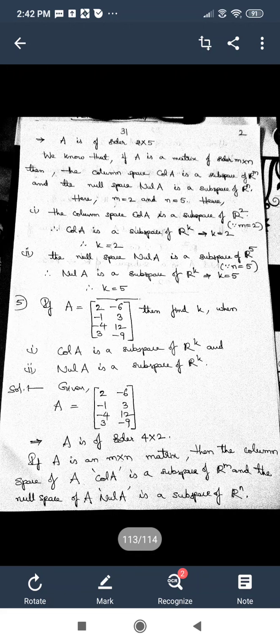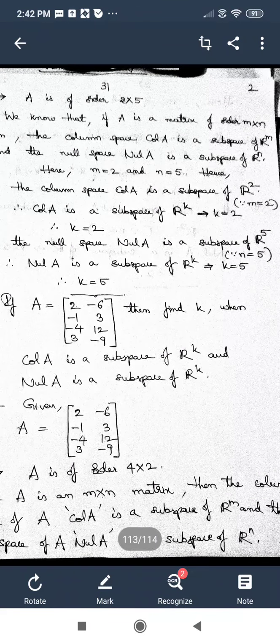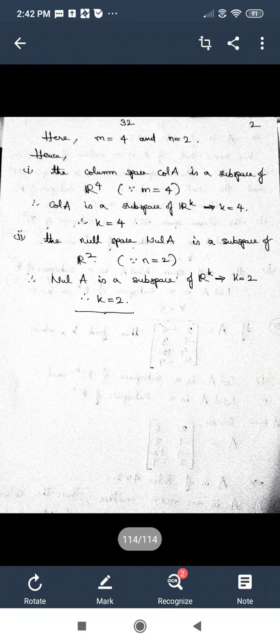The column A is a subspace of Rm, which means the column space column A is a subspace of R4, because the value of m in this problem is equal to 4.